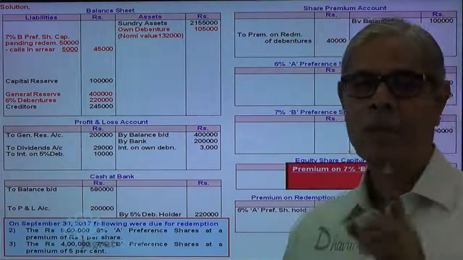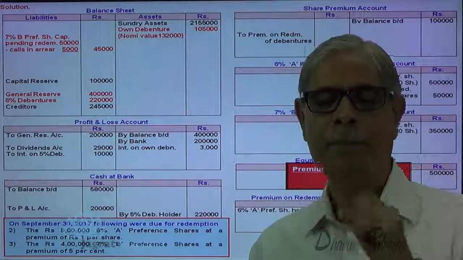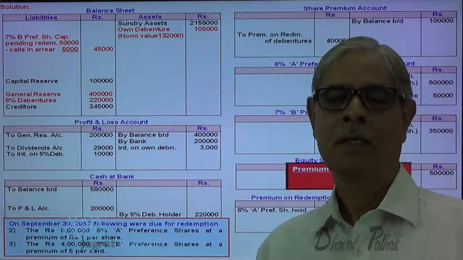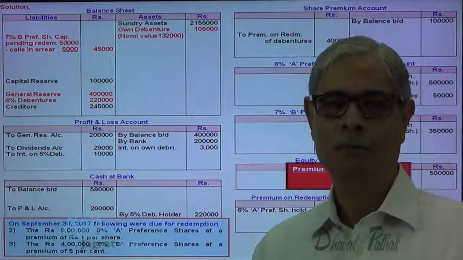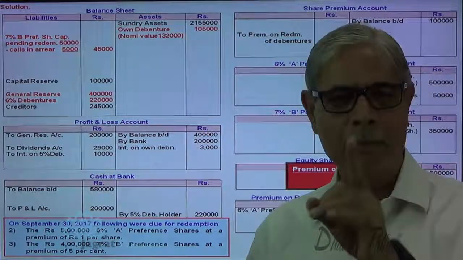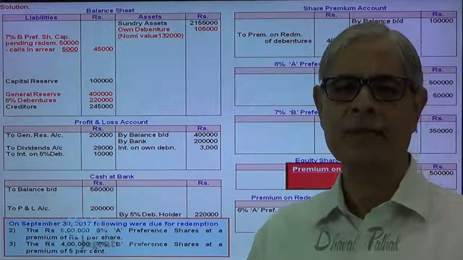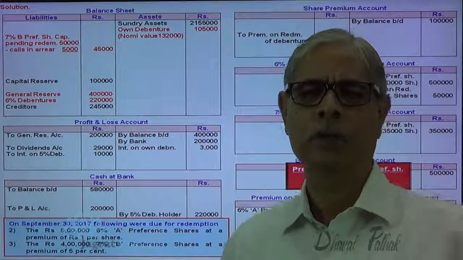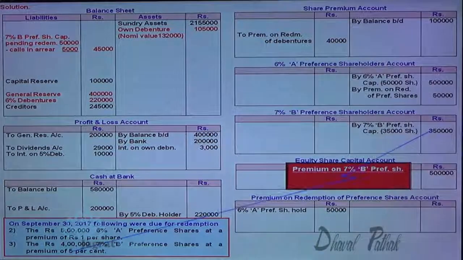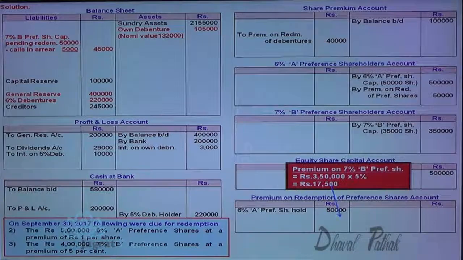Now see, how much redemption premium? The redemption premium to be provided for is not on 3,50,000 only, but the redemption premium provision is also required to be made on the total 4 lakh redeemable preference share capital. This is a very crucial point of this sum. So 3,50,000 into 5%, this is the redemption premium payable to these shareholders.